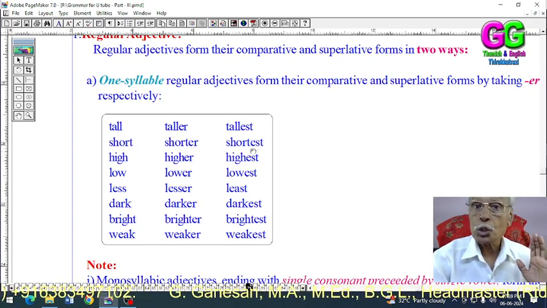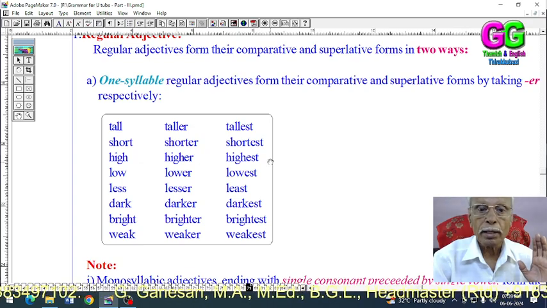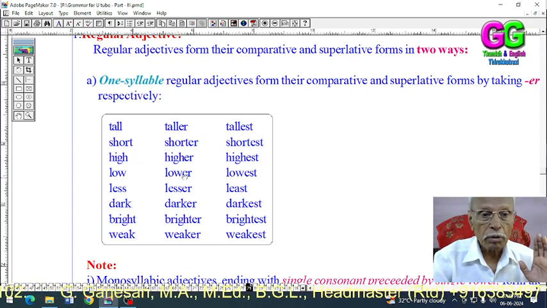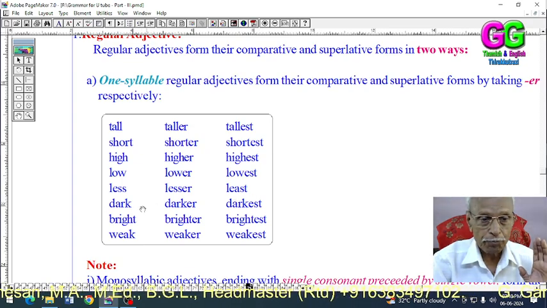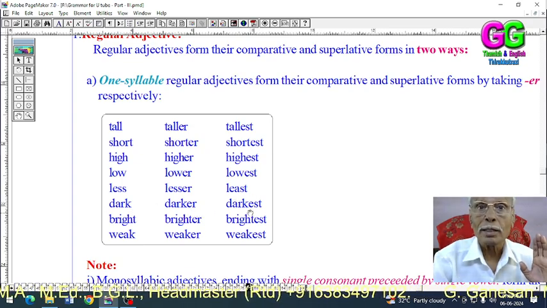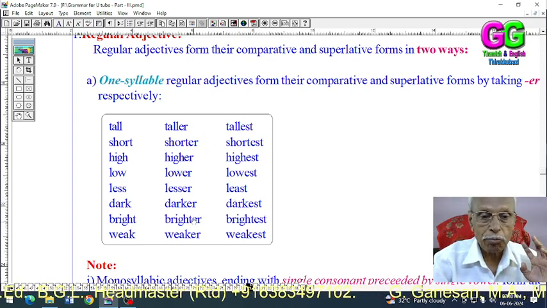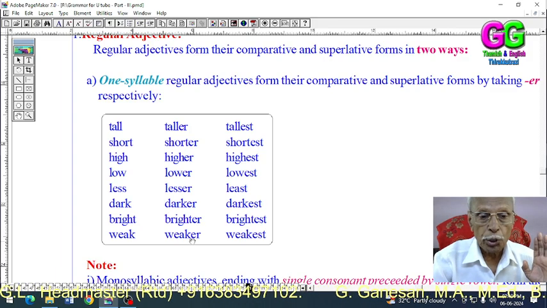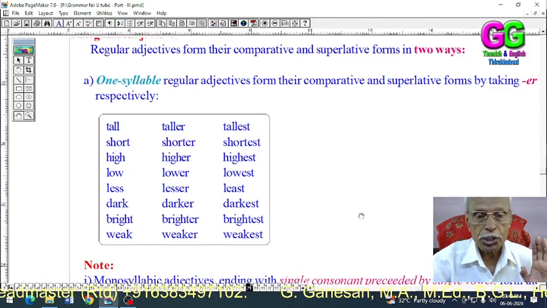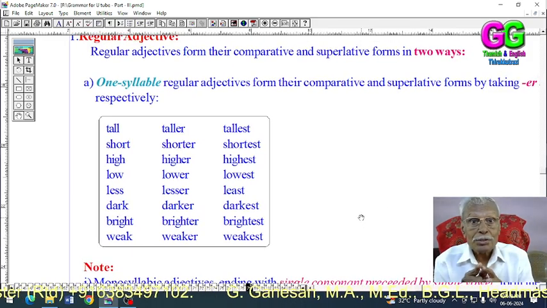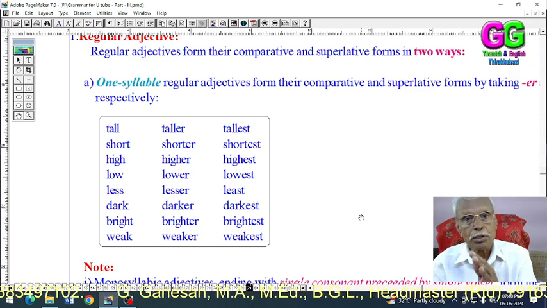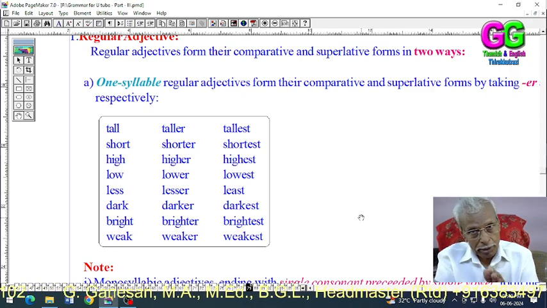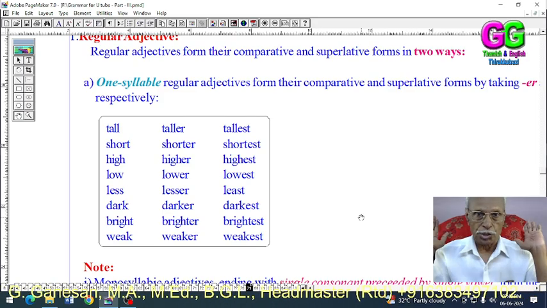Short, shorter, shortest. High, higher, highest. Low, lower, lowest. Less, lesser, least. Dark, darker, darkest. Bright, brighter, brightest. Weak, weaker, weakest. That is, monosyllabic adjectives normally form their comparative and superlative by adding er and est.